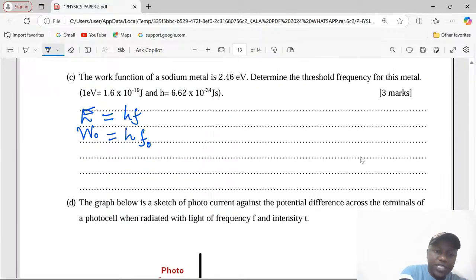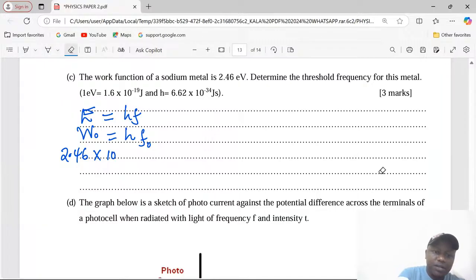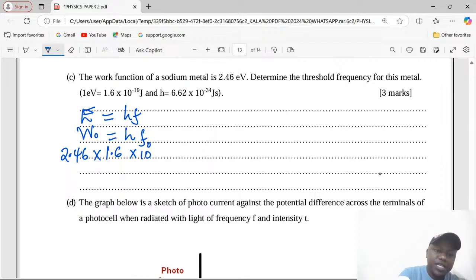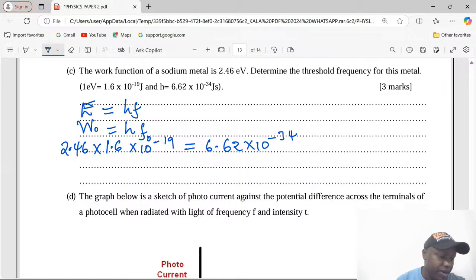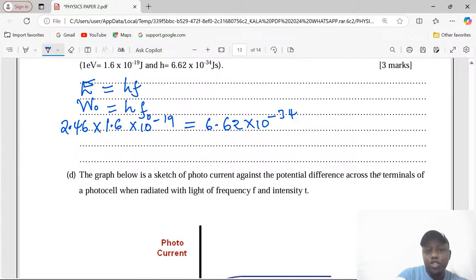We take 2.46 multiplied by 1.6 times 10 power negative 19. Then this is equal to Planck's constant, 6.62 times 10 power negative 34, then multiplied by f naught. So we can remain with our f naught now by dividing.